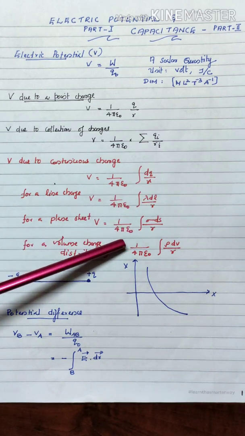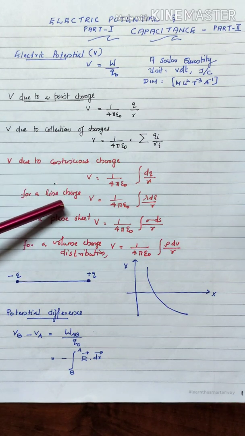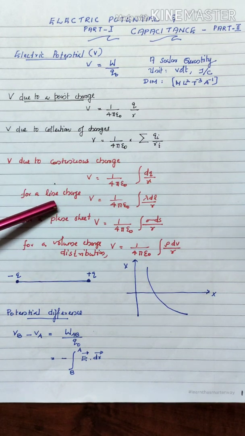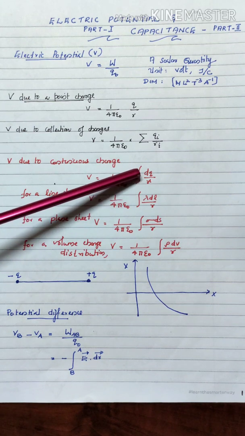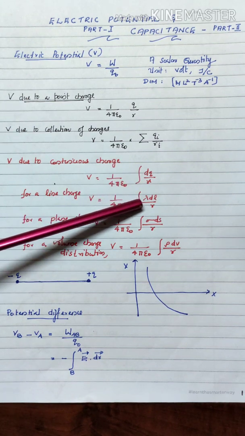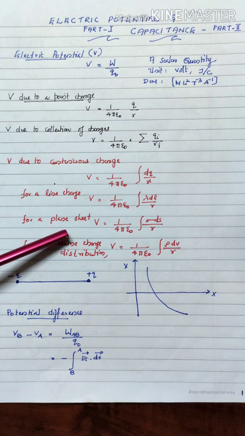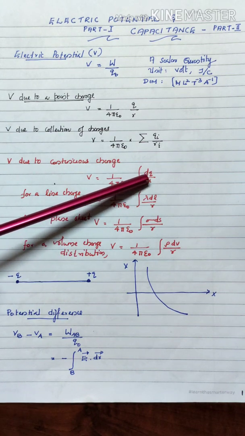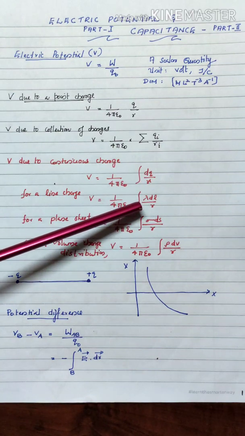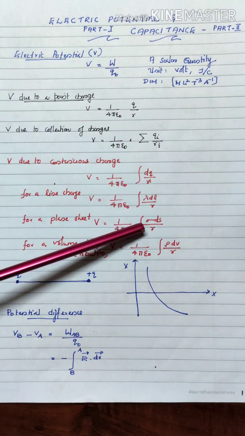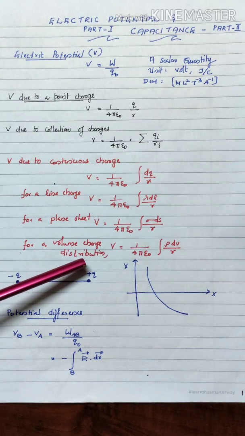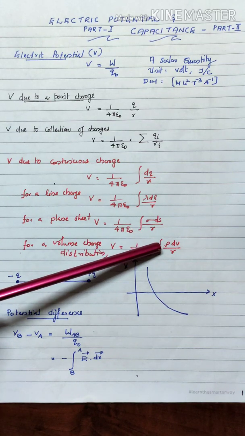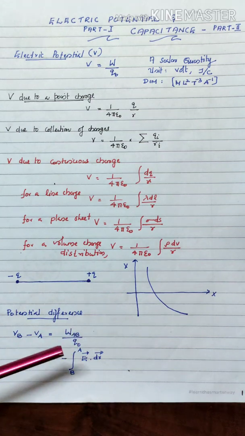But keep in mind, for a continuous charge distribution, if it is a line of charge, then you have to apply the linear charge density lambda, and hence we can replace dq by lambda dl. If it is a plane sheet or a plane lamina of charge, then you have to replace dq by sigma dS. But if it is a volume charge distribution, it is rho dV by r.